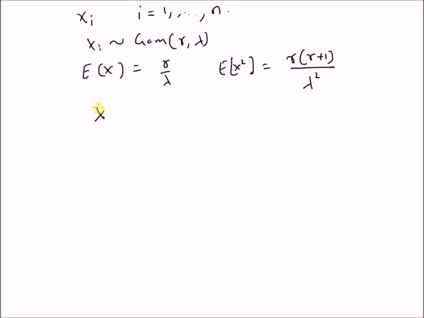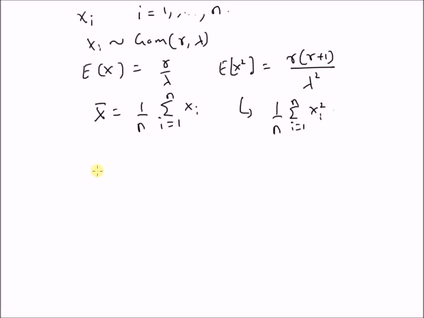That is, x bar, the first sample moment, is 1 by n summation i equals 1 to n xi. And the sample second moment is 1 by n summation i equals 1 to n xi squared.